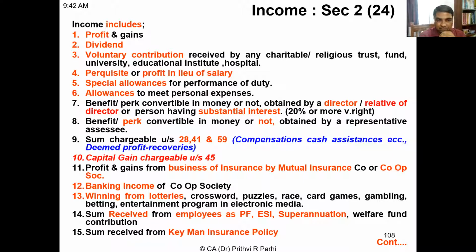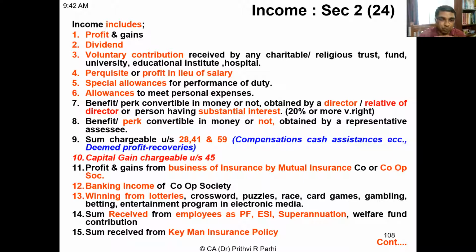Point 11. Profits and gains from business of insurance by a mutual insurance company or cooperative society. If some profit and gains are earned by a mutual insurance company or cooperative society, then also it is income.